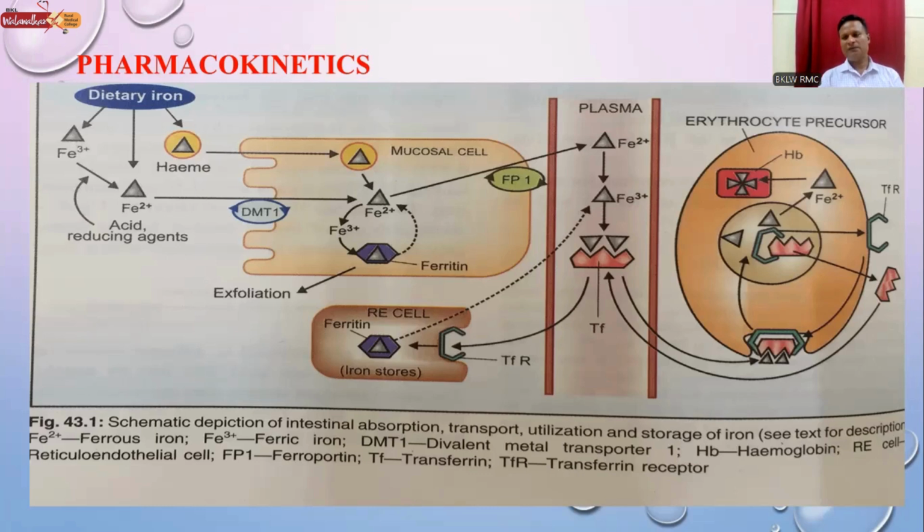It is engulfed within the vesicles of the cells, and within the vesicles, because of acidic pH, these iron molecules are freed, and the transferrin receptor is reutilized for further transport of iron. Again, if there is excess iron present in the body, that is stored as ferritin in reticuloendothelial cells, in liver, in bone marrow.